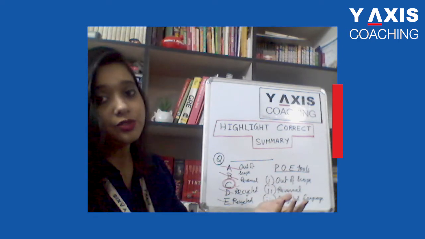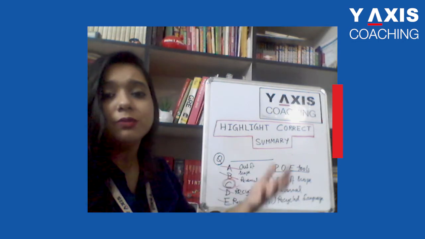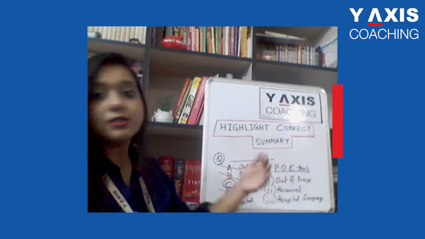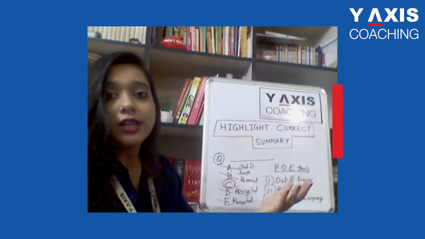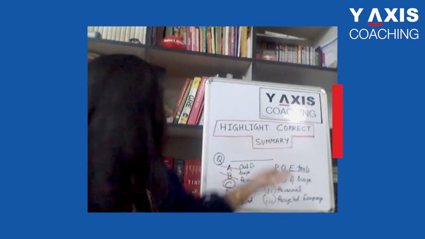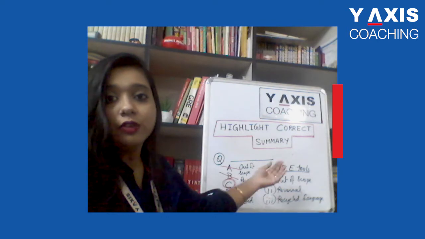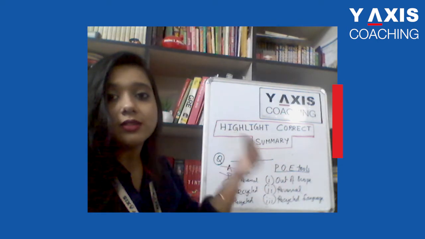That's a good reason to eliminate. Maybe the answer choice is stating something which has not been mentioned by the lecturer at all, so it is out of scope. Maybe the answer choice is stating something which is opposite to what the lecturer has conveyed in the lecture. So the POE tools, out of scope, reversal, and recycled language, will help you get down to one, and that is the one correct summary.